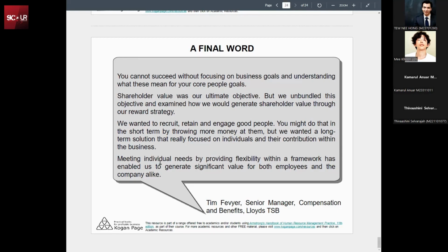Meeting individual needs and providing flexibility within the framework has enabled the generation of significant value for both employee and company alike. We need to provide flexibility in the framework. We need to change based on the current situation and current trends, so we can succeed in having significant employee engagement.